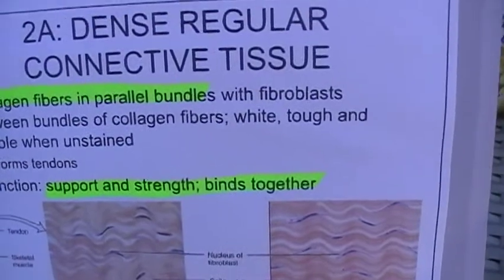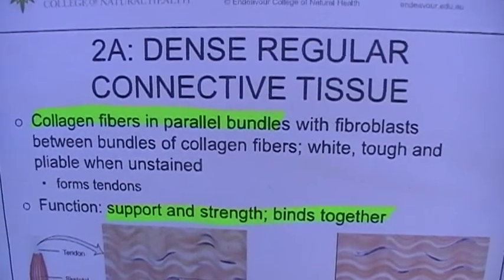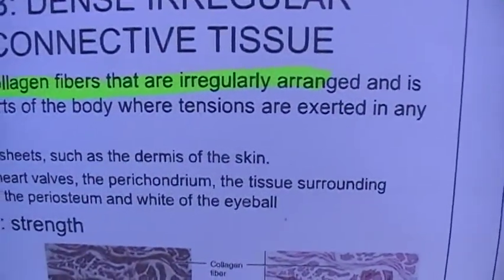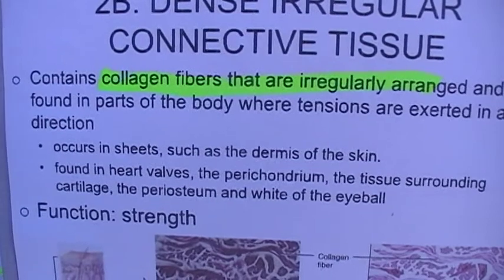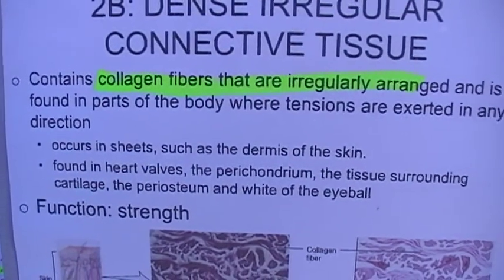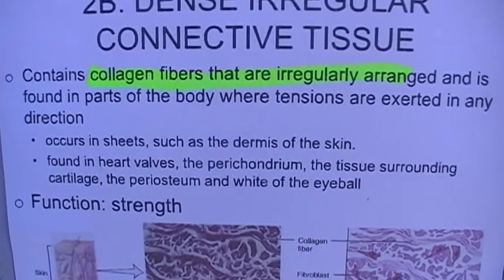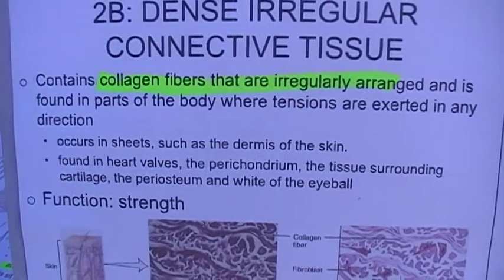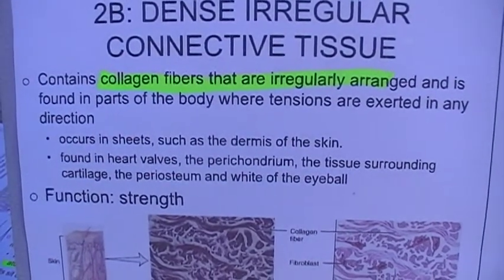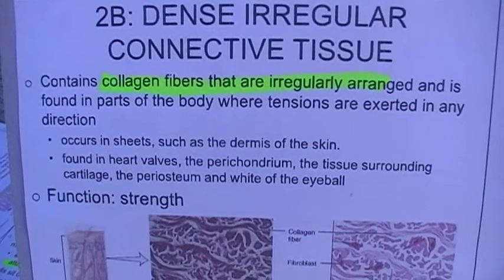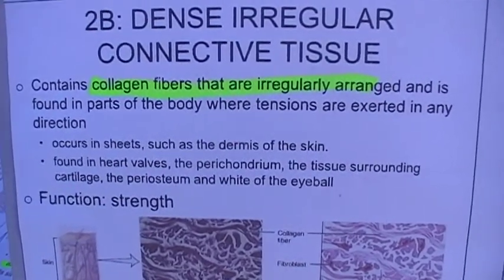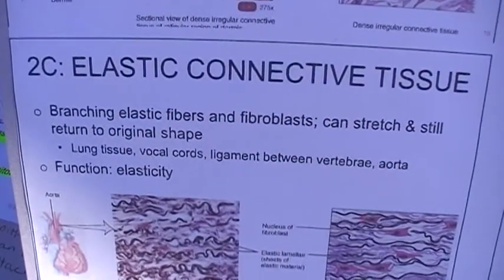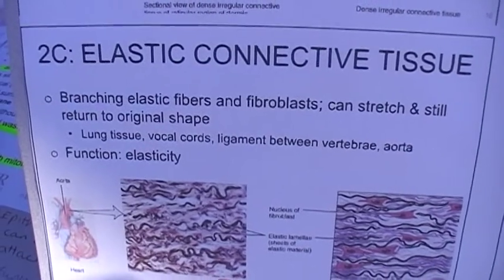So the dense regular connective tissue is found in tendons. Dense irregular is found in sheets of the dermis, heart valves, the tissue surrounding cartilage, the periosteum, P-E-R-I-O-S-T-E-U-M, and the white of the eyeball.